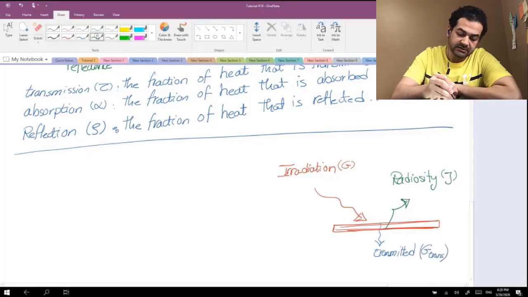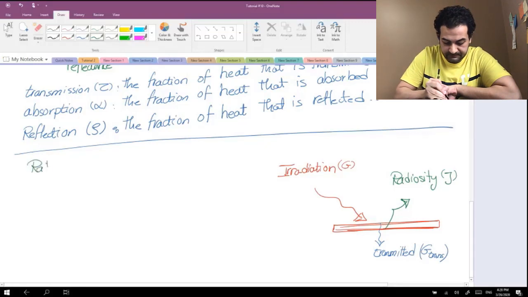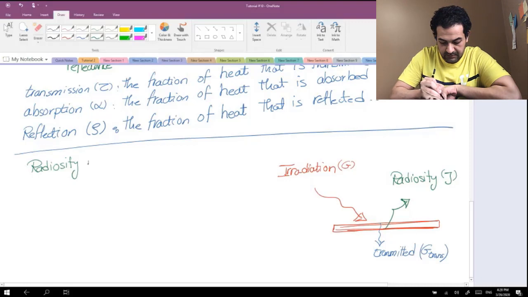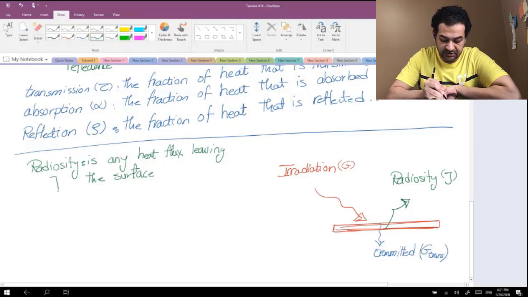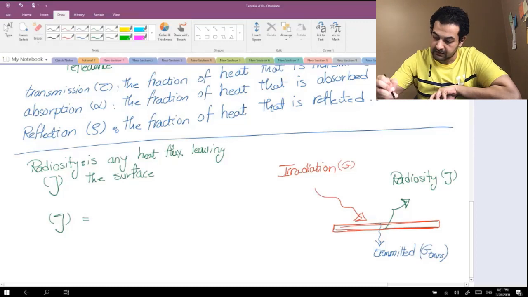So radiosity is any heat flux or heat leaving the surface. So radiosity we call it J, right? So J here is going to be E, emittance.